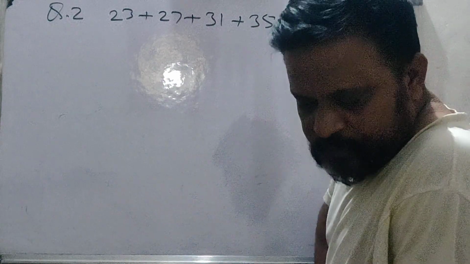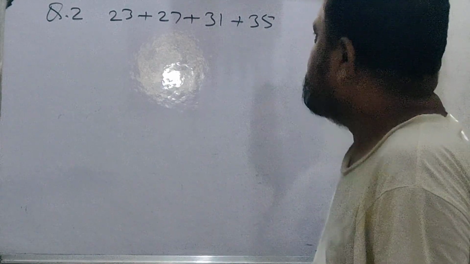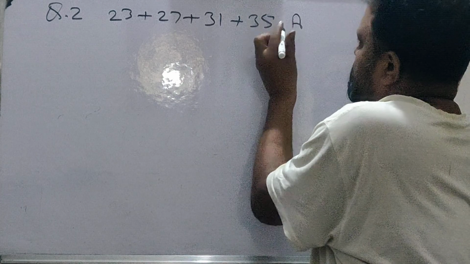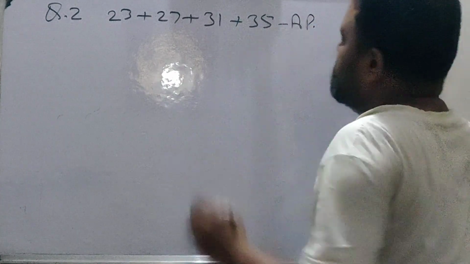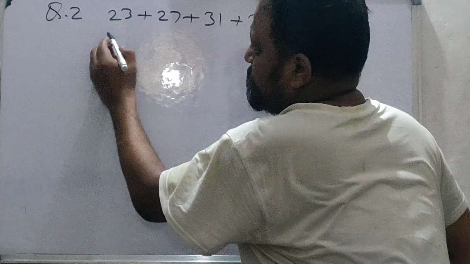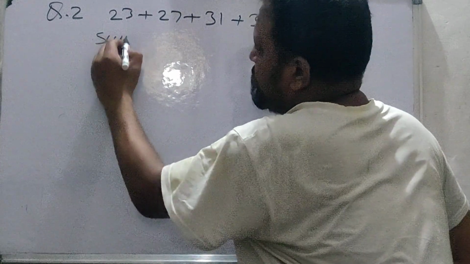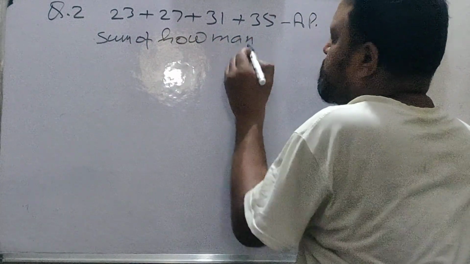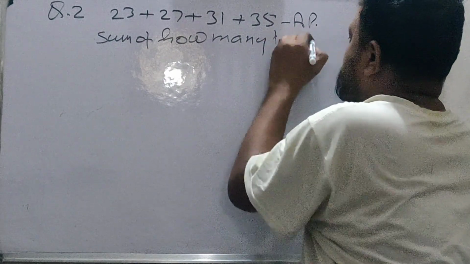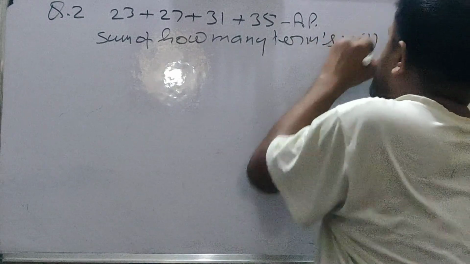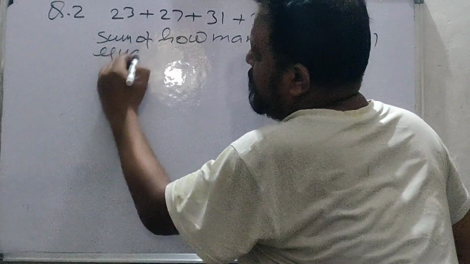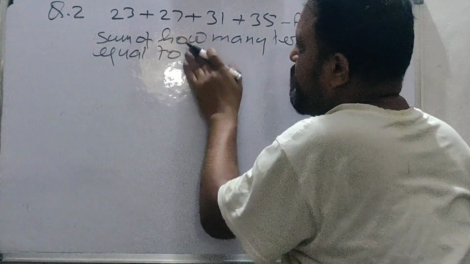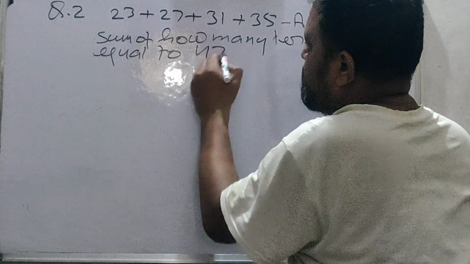How many terms we have to find, where this is an AP, and the sum of how many terms will be equal to 473. Fine.